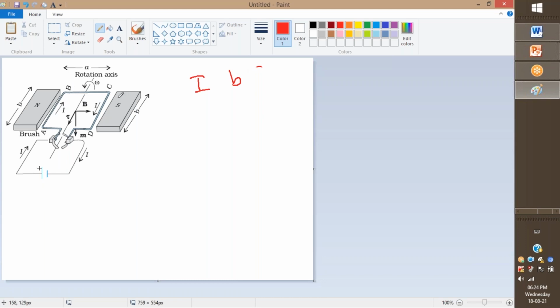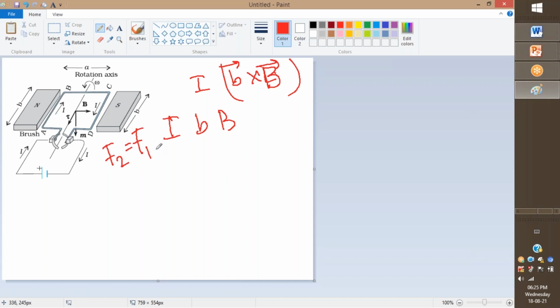The current is I. See, the length of this AB wire is b. And I have to take the direction in the direction of current, so it is going A to B. And B is actually the magnetic field. The magnetic field is perpendicular to this plane. So the cross product says that I L cross B will be actually this.